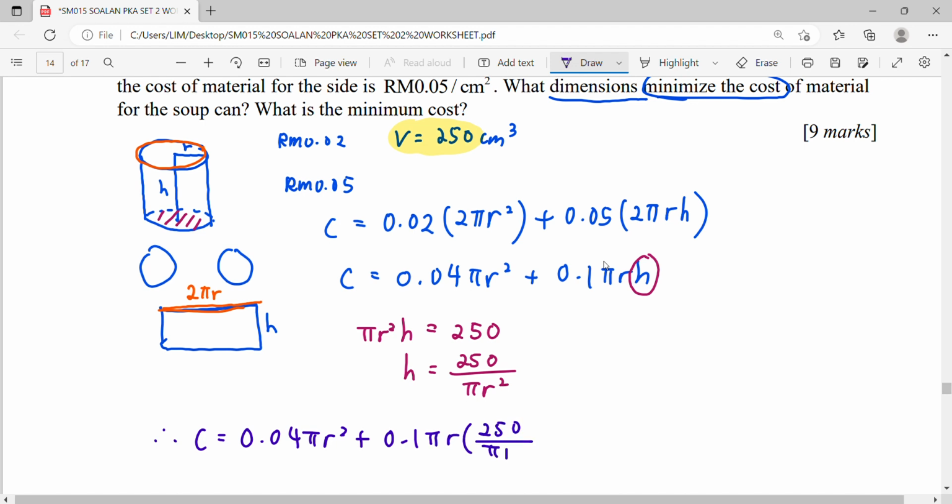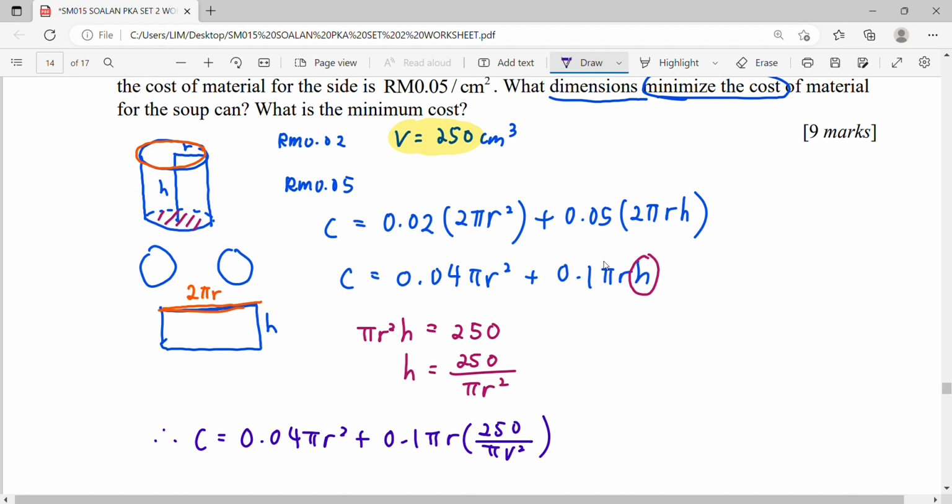Now your equation is just in terms of one single variable r. Step three, find the critical number. Step four, verify with the second derivative. Last step, five, answer the question: what dimension.